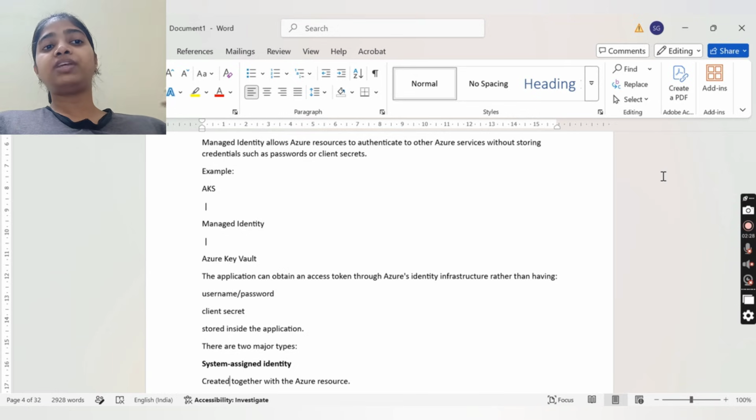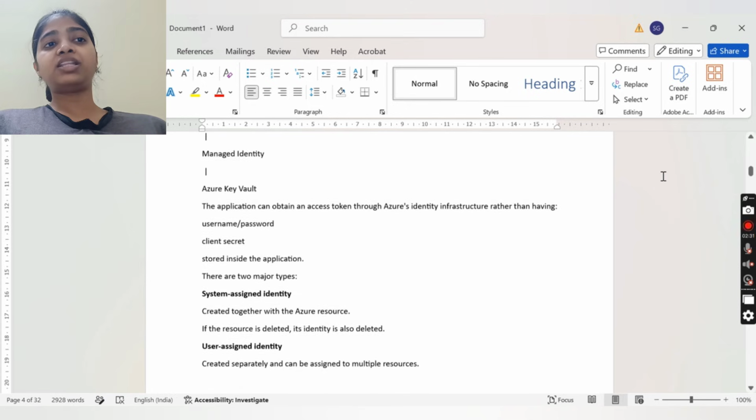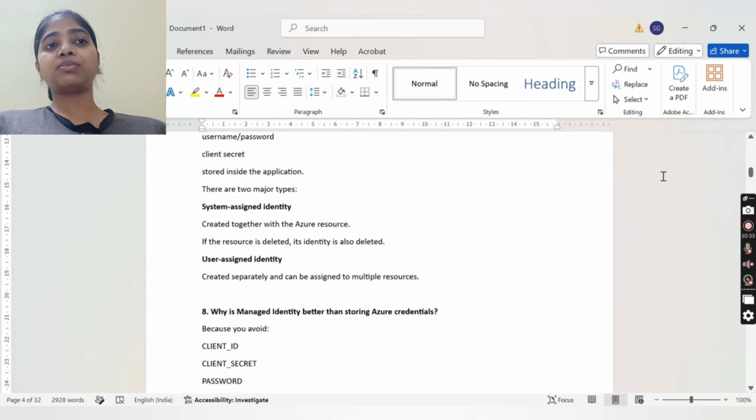Mostly we use managed ID, and there are two types: system assigned and user assigned. System assigned is created together with the Azure resource, and once the resource is deleted, the ID goes. But the user assigned identity is created separately and can be used to authenticate to multiple resources.